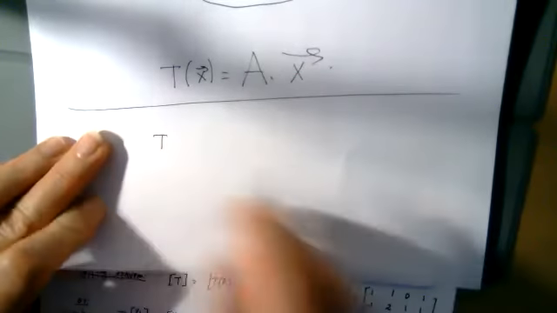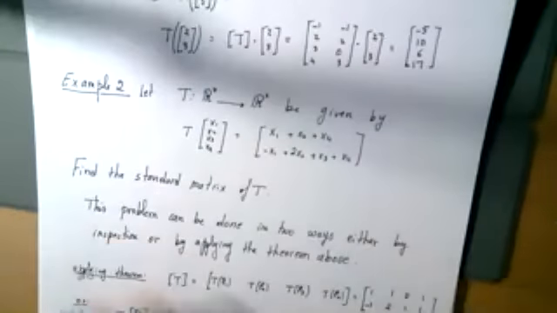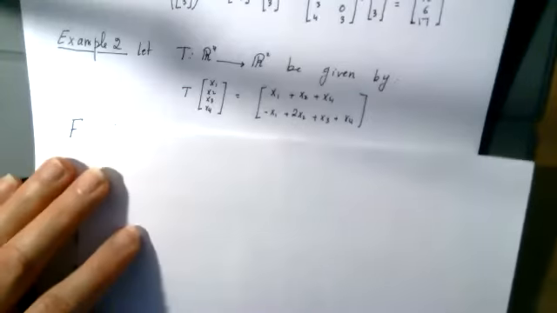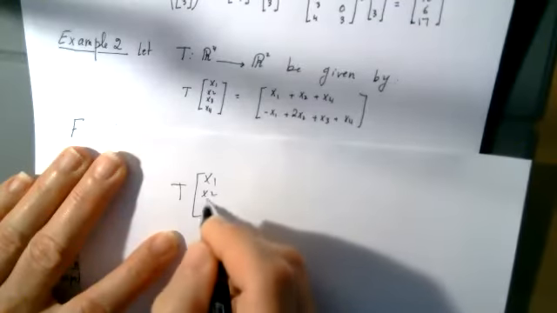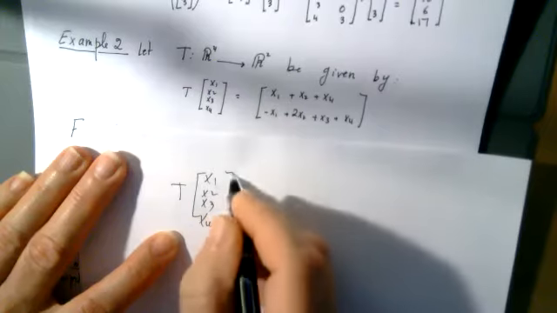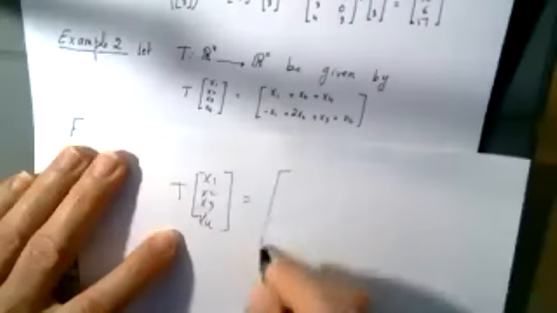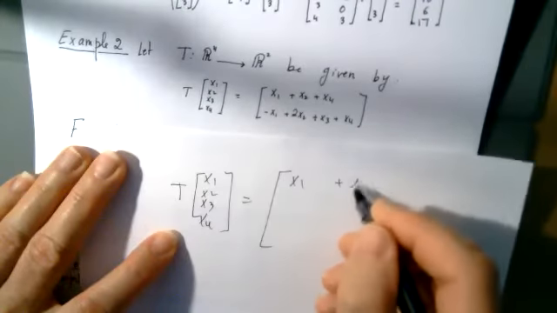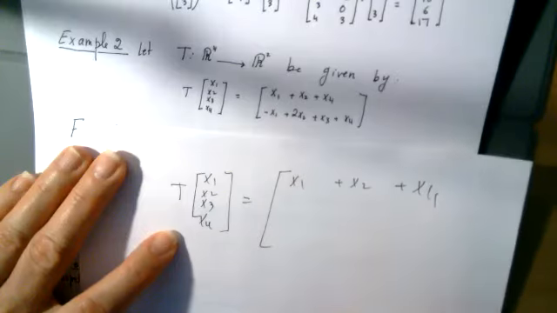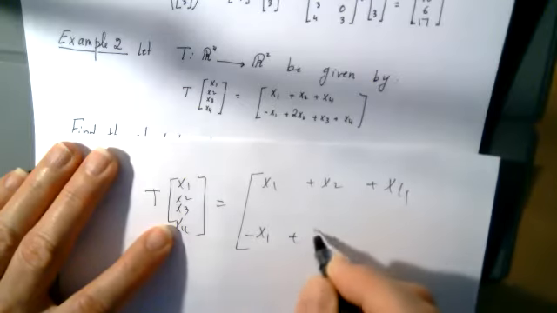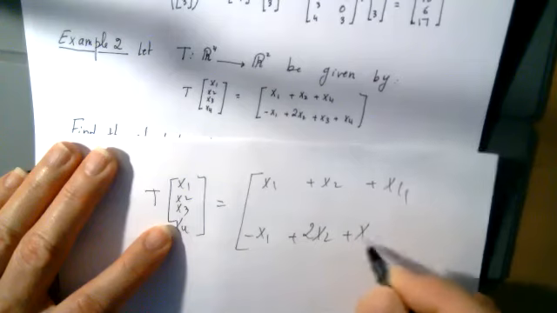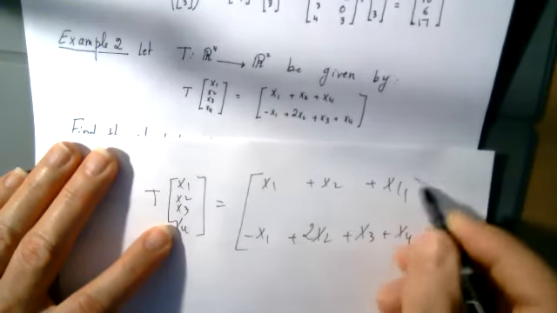Now, I'm going to find it in a different way as well. So my transformation, take another sheet of paper. That's my transformation. T of X1, X2, X3, X4 is, according to me, X1 plus X2 plus X4 and minus X1 plus 2X2 plus X3 plus X4.